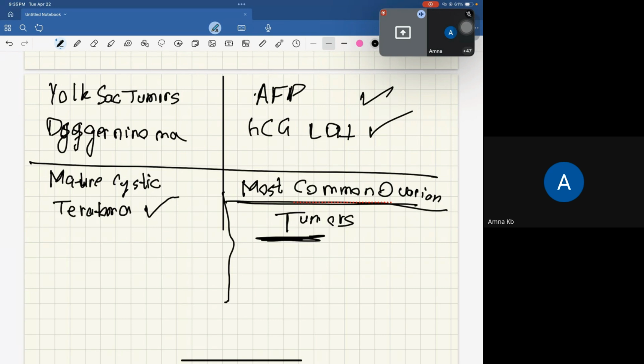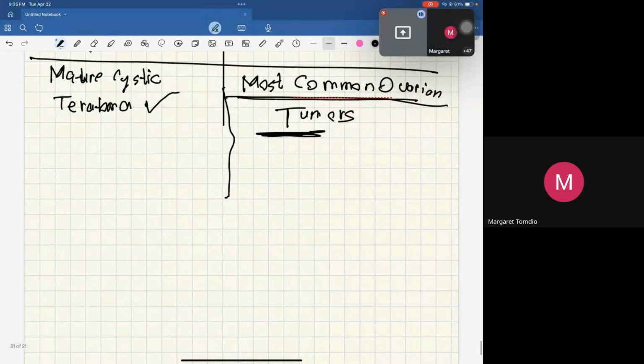This is not the Krukenberg tumor. So what is Krukenberg tumor? Krukenberg tumor means that if a gastric carcinoma, gastric adenocarcinoma, is present in the ovary, that would be termed a Krukenberg tumor. This thing, the thyroid tissue one, is known as struma ovarii, okay, right?